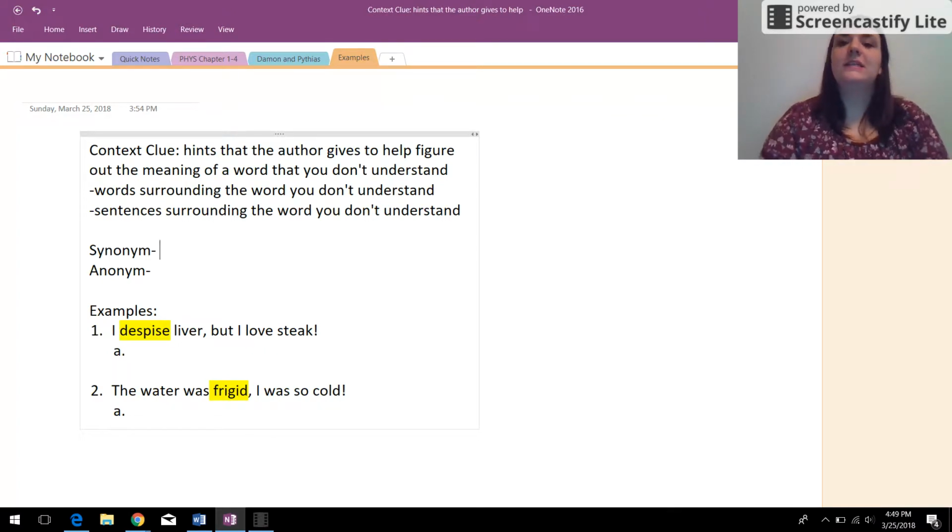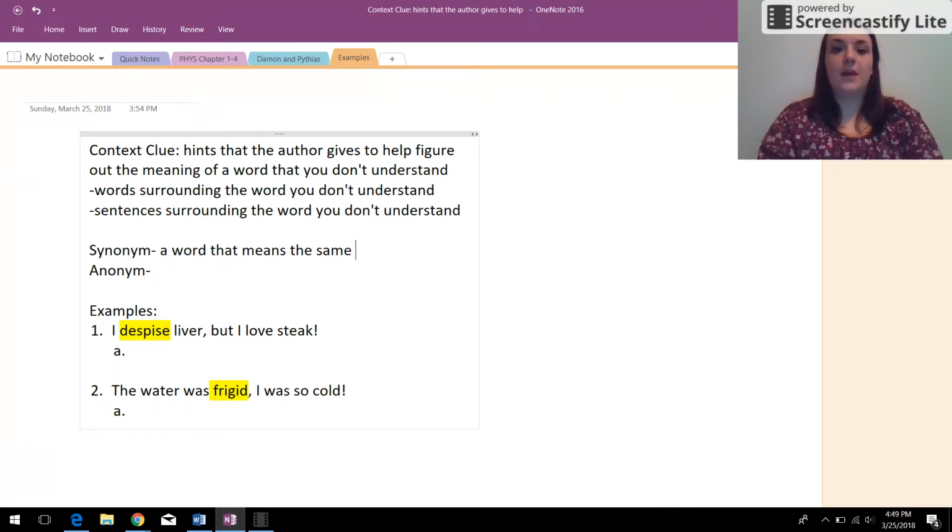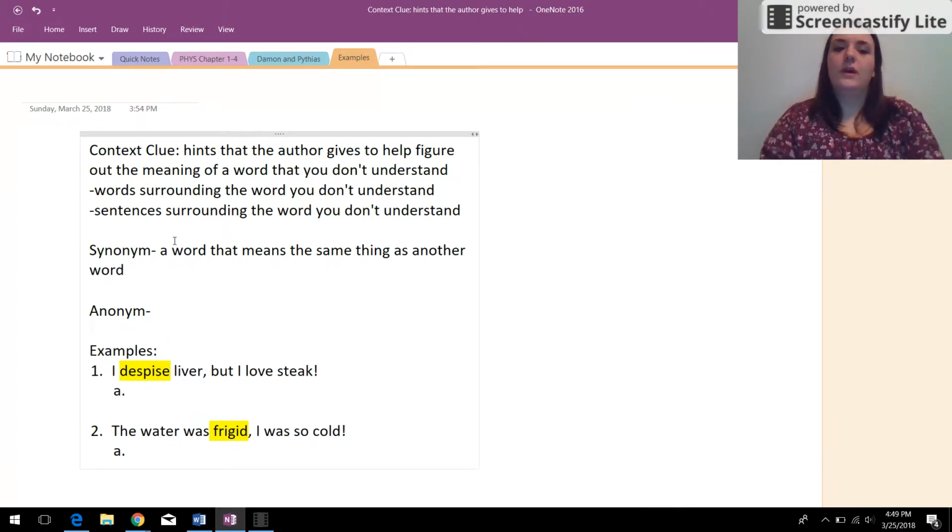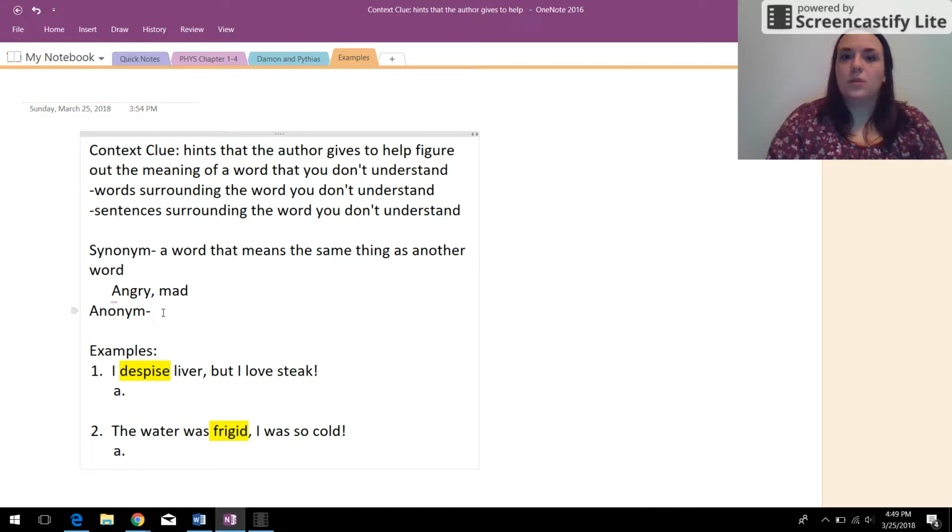The first one is synonym context clues. A synonym is a word that means the same thing as another word. An example of a synonym could be angry and mad. They mean the same thing, they just are different words.